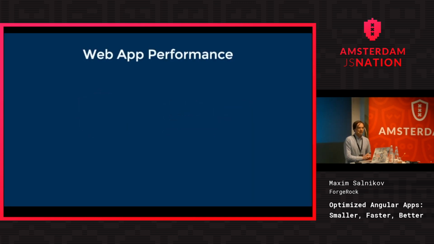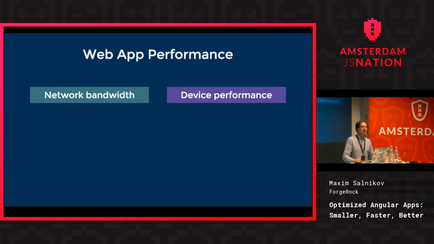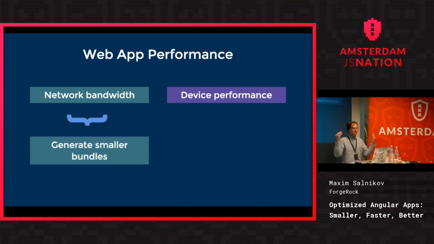So in general, web application performance, what is this all about? It's about the physical limitations we have. First, network, and we just experienced this 2 minutes ago, right? This is a very important part. And of course, we run our app, our service, on some device, and these devices would be quite constrained in terms of performance. So, in the largest picture, what do we do with network bandwidth?